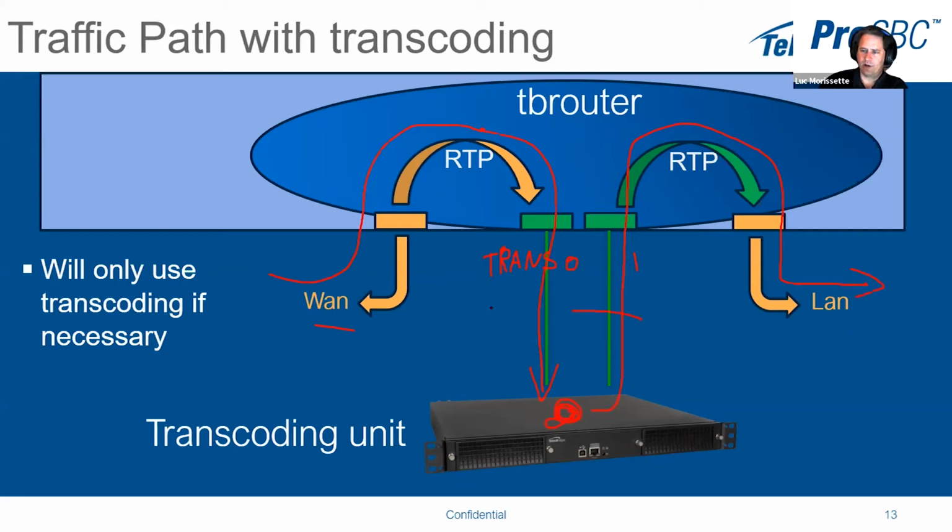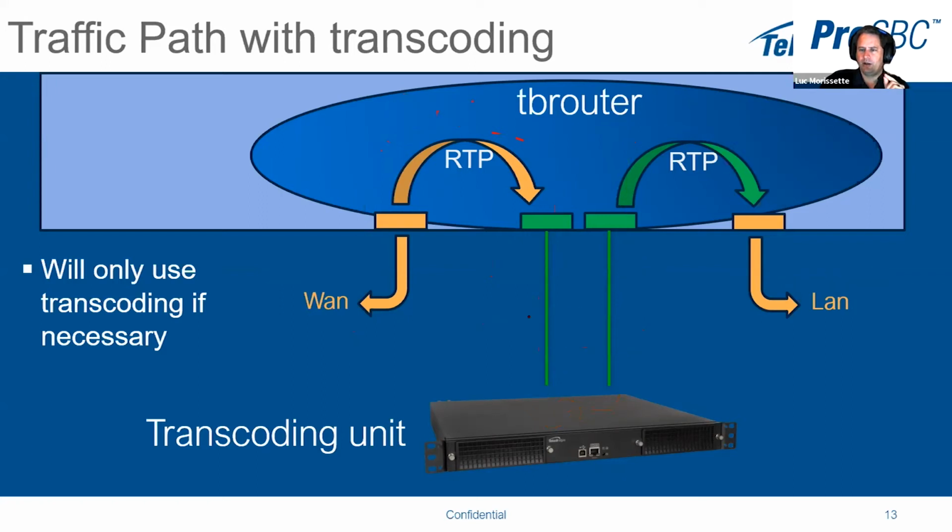This one here, you see, can be just a private network, so you can keep all of this in a local network. So here, for example, you have G711, and on the other side, you will have G729 being sent to the destination. This is a typical use case for this.